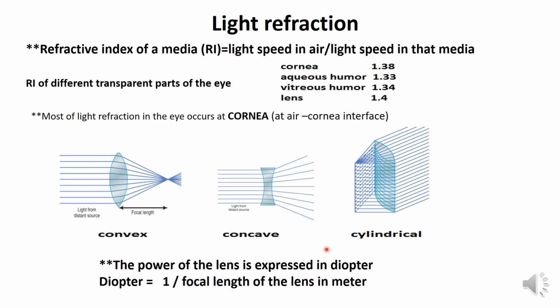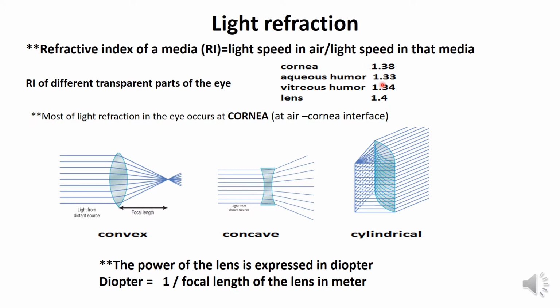The degree of light refraction by different structures is expressed by refractive index. And as you can see, the refractive index of a media equals the light speed in the air over the light speed in that media. If we translate this to the transparent parts of the eye, we can see that cornea, aqueous, vitreous and lens almost have equal refractive index.